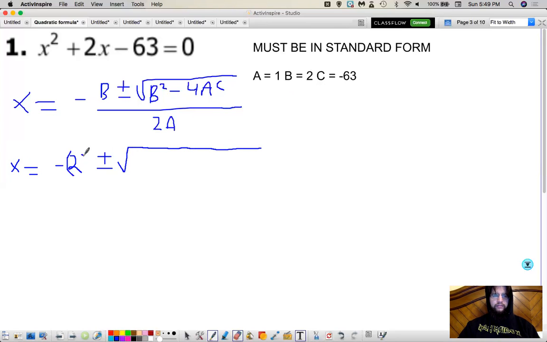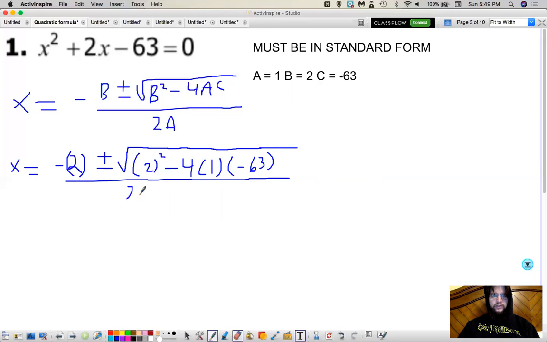Here, I'll do it this time. b squared minus 4ac all over 2a. Now it has the plus or minus here, so it is going to get us our two answers. Let's simplify it first, though.